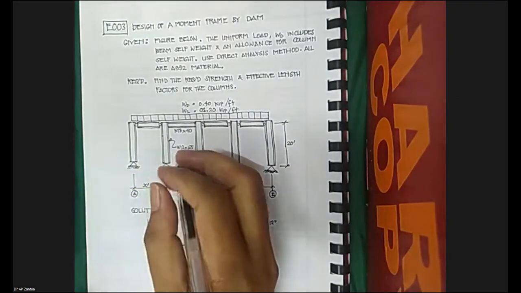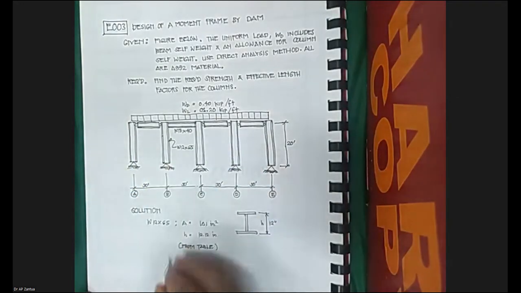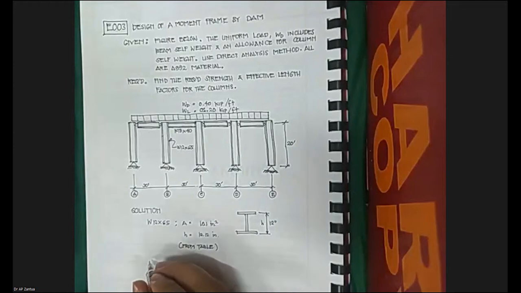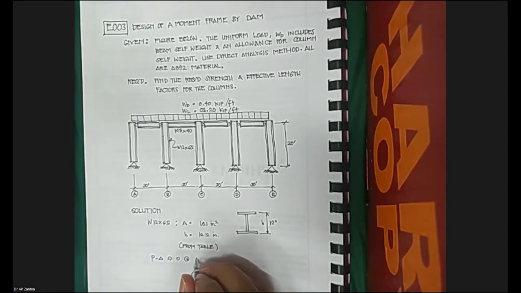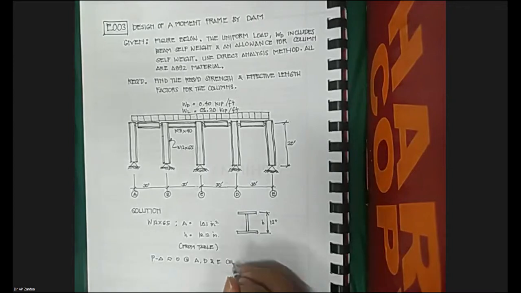Therefore, there are no P-delta effects to consider in these members. So P-delta is 0 at A, D, and E columns.